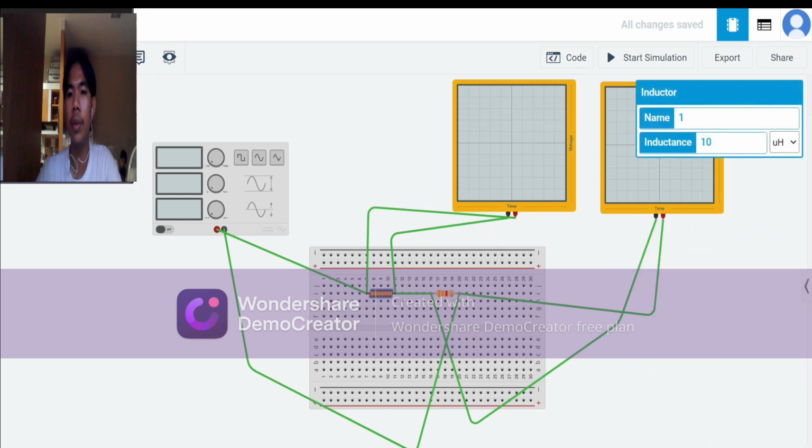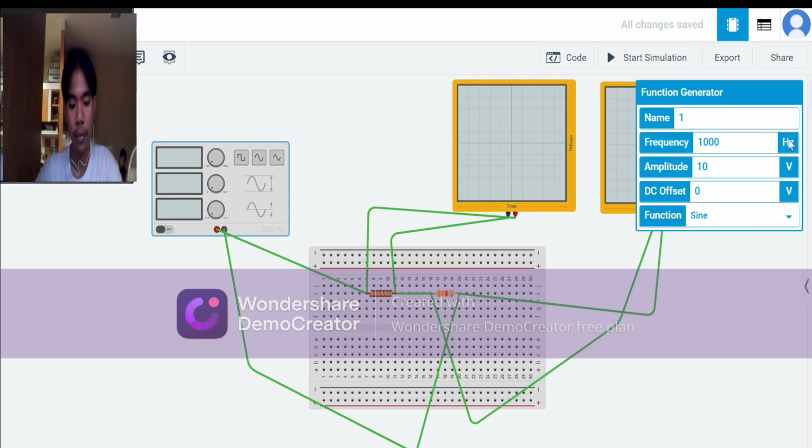And we need the value of the inductor, 33 millihenry, and I adjust the time to be 20 microsecond to give a readable circuit, and this time the power generator 10 V peak to peak, but this time the frequency equals 10,000 hertz. It means 10 kilohertz.